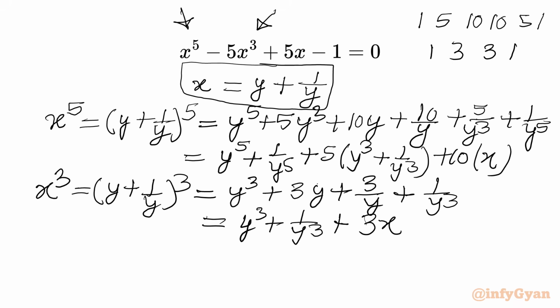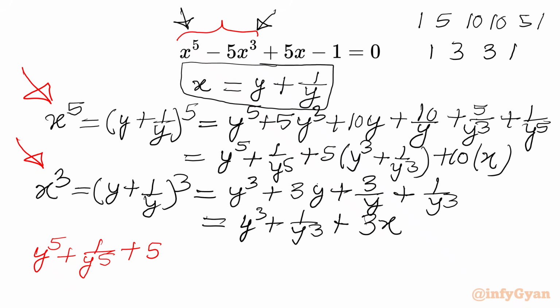Now we are going to plug in both the values, x power 5 and x cube, over here. We will get y power 5 plus 1 over y power 5 plus 5 times y cube plus 1 over y cube plus 10x.